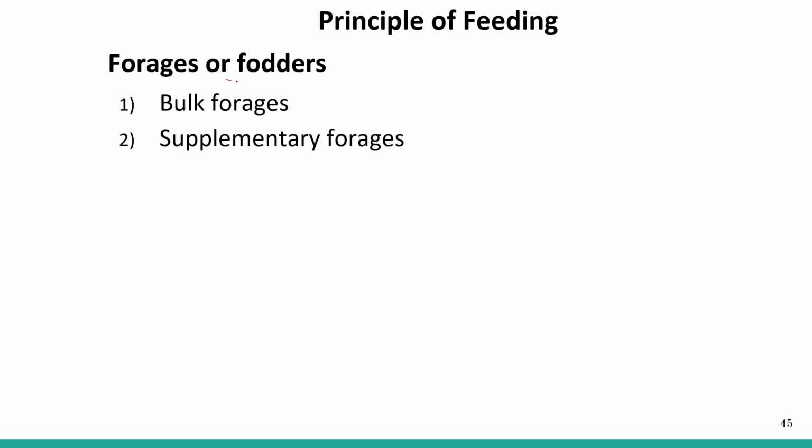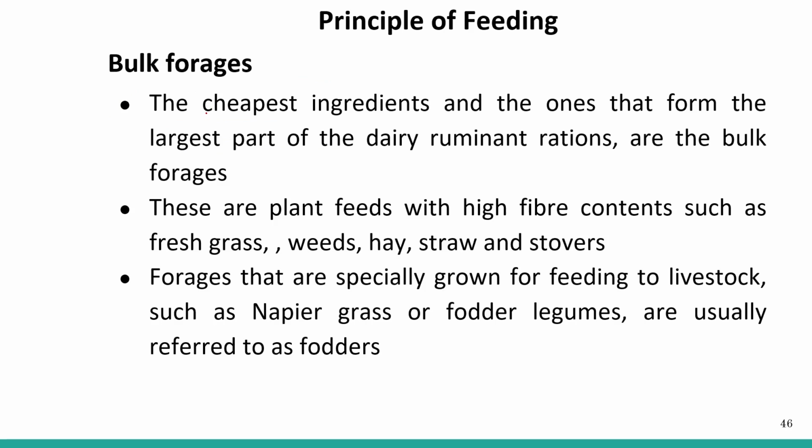Forage or fodder. Bulk forage and supplementary forage are the two different types of fodder which we have already discussed. The cheapest ingredients, and the ones that form the largest part of the dairy ruminant ration, are the bulk forage.